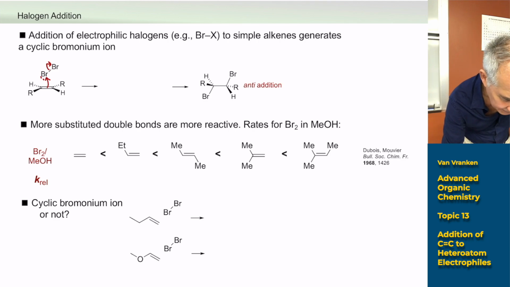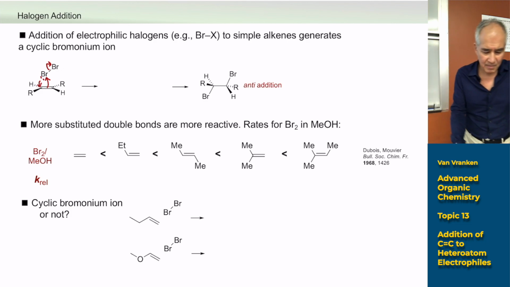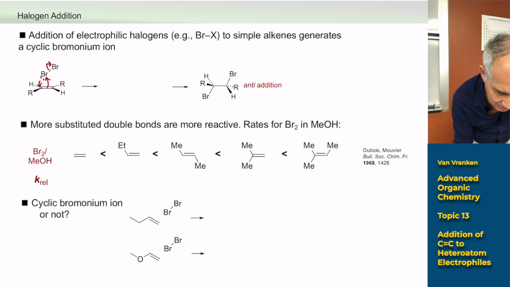It's arbitrary whether I attack the left carbon or the right carbon. I'll attack the left carbon with that lone pair. Doesn't matter. The point is that I'm going to generate this cyclic bromonium ion. There's no carbocation usually, in this case, for simple alkenes, when you add Br2, Cl2, N-chlorosuccinimide, which has a weak chlorine-nitrogen bond.